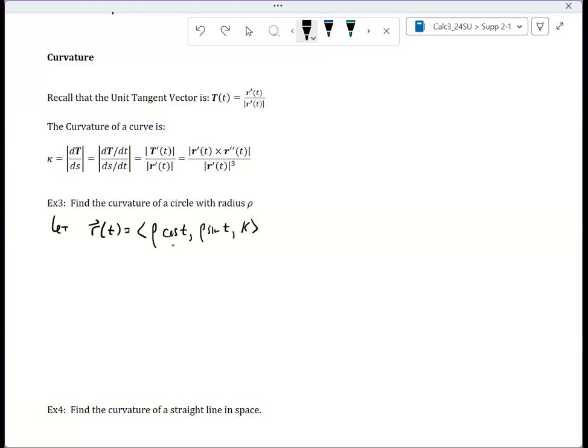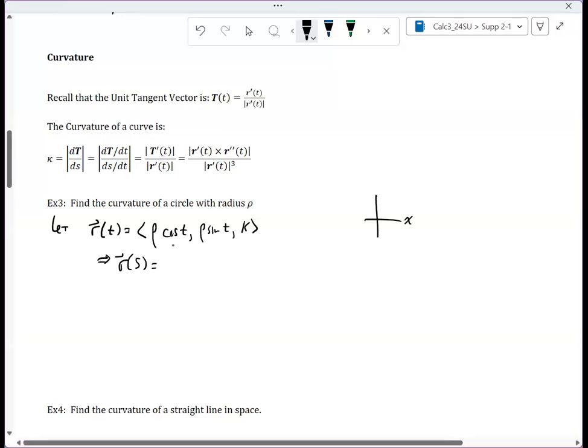Okay, so how can we find this curvature? Well, one way we could go about it is reparameterizing it in terms of s, the arc length, and going from there. So if I think in terms of my xy plane, or a plane parallel to my xy plane, I know that I have a circle of radius rho.